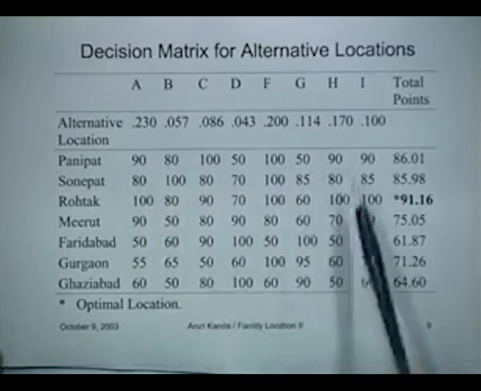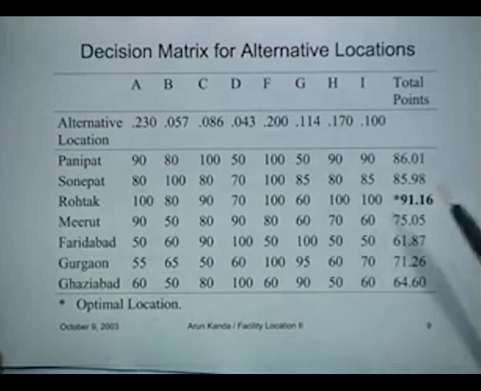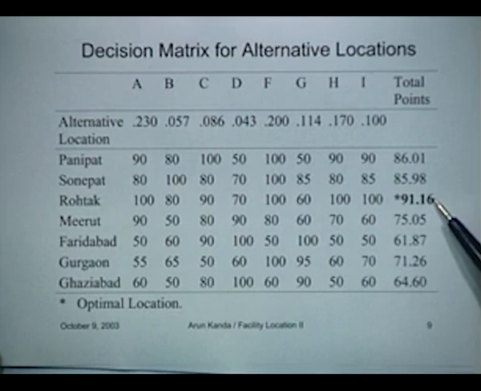So on the whole, it seems that Rohtak would be the optimum location. So the optimum location was in fact suggested as Rohtak, and the company adopted this, and after many years the feedback we have received from the company is that they are very happy in Rohtak. That means the decision that was taken more than 15 years ago was probably the right decision for them.